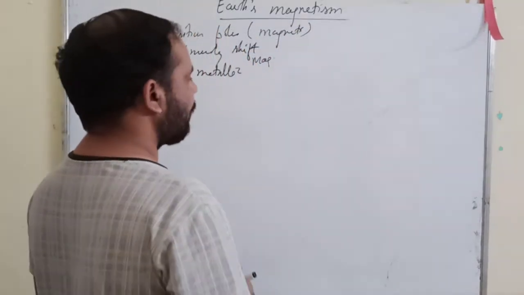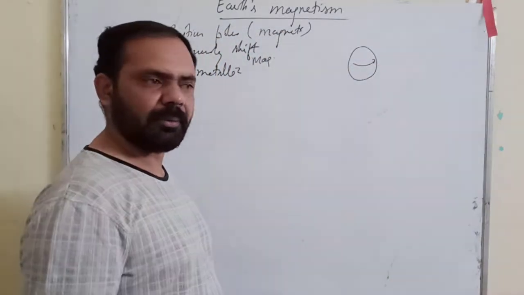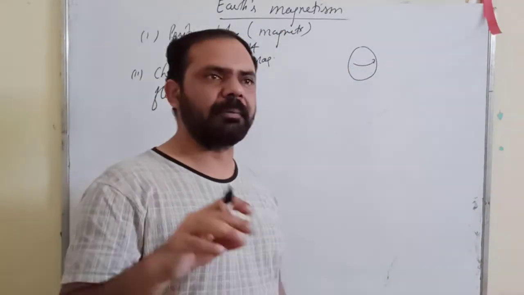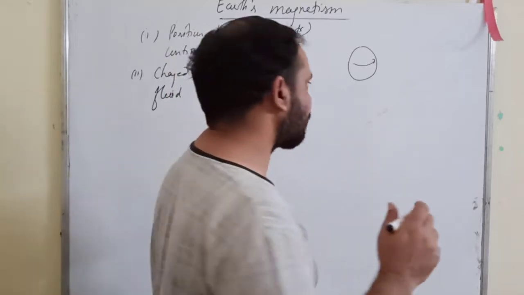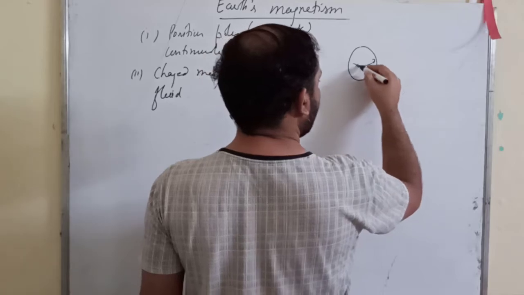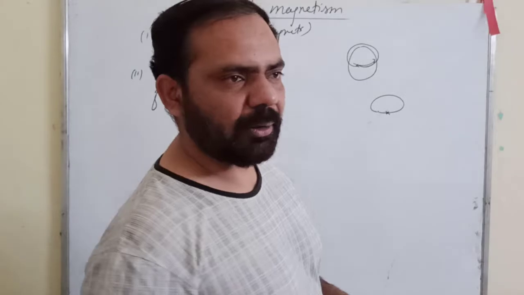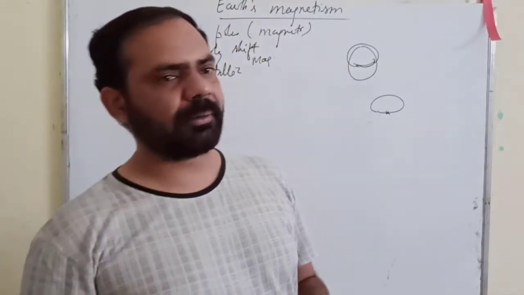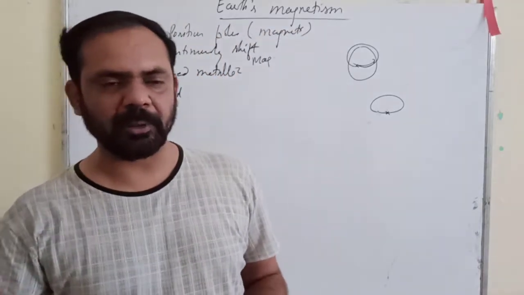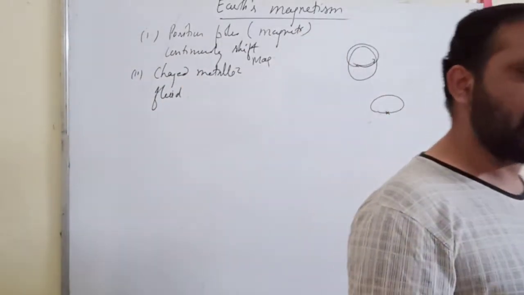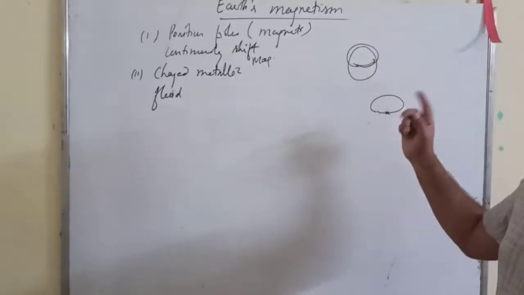First, we know that Earth is rotating on its axis. As a result, everything on Earth is revolving on a circular path. Suppose a body is there, then that body must be executing a circular path like this. Everything on the earth is constituted of atoms, the smallest unit. So all the charged particles inside the atoms are revolving on a circular path.